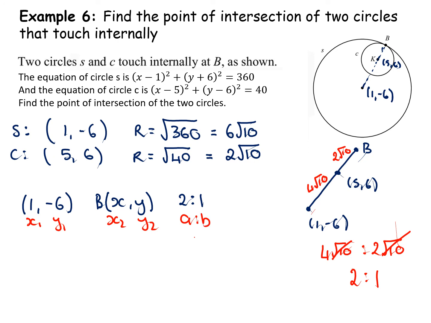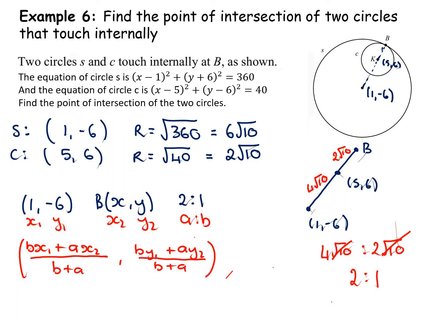Now the difference is when I do this formula, so we get (b x1 plus a x2) all over (a plus b), (b y1 plus a y2), sorry, actually it's b plus a, the way it is in the log tables. It won't make a difference, but let's just change it so it looks like our log tables.